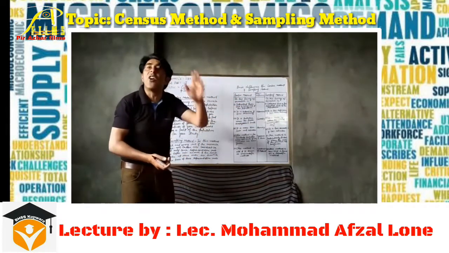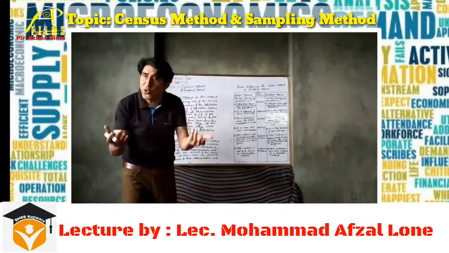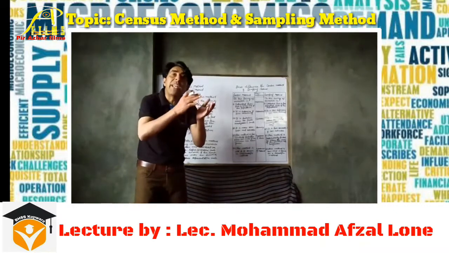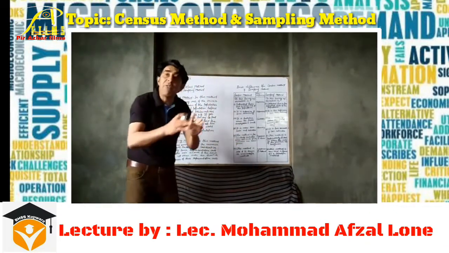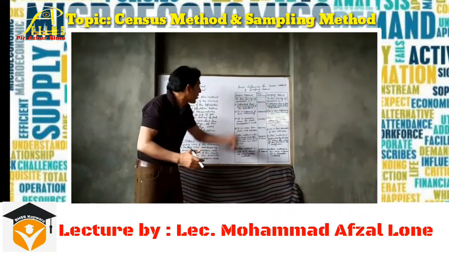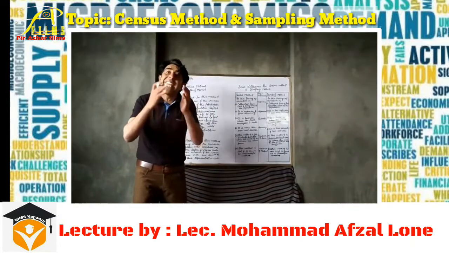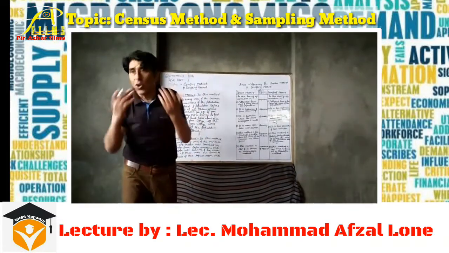Second difference is on the basis of expenditure, or you can say expensive. I mean to say which one of them is more expensive and which is less expensive. On the basis of expense, we can say the census method is expensive and time consuming.